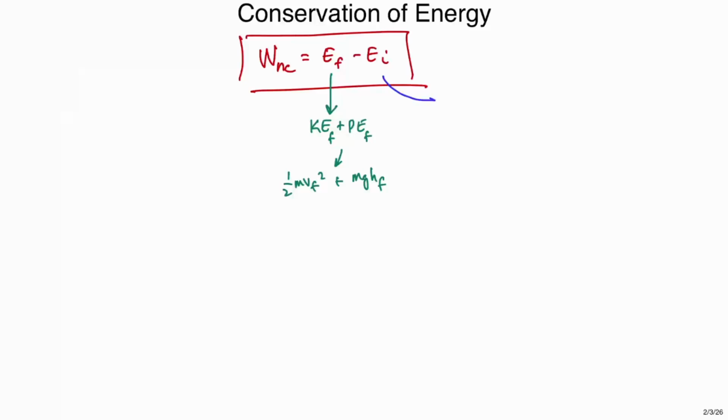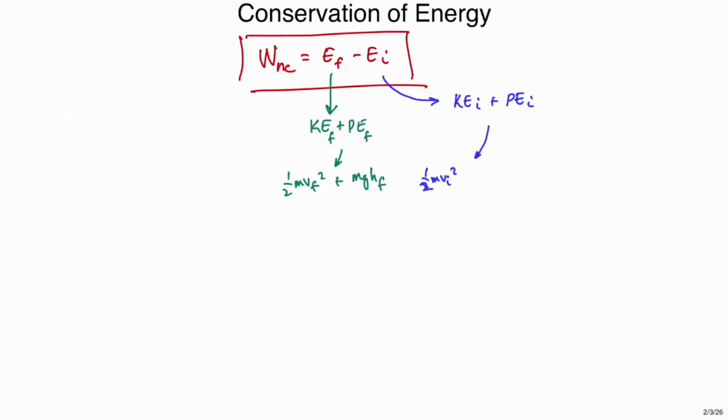What about energy initial? The energy an object might start with. Well, again, it's a combination of the initial kinetic and the initial potential energies. I think your book might use a little sub-zero. I didn't check. So again, this can be 1/2 mv initial squared.